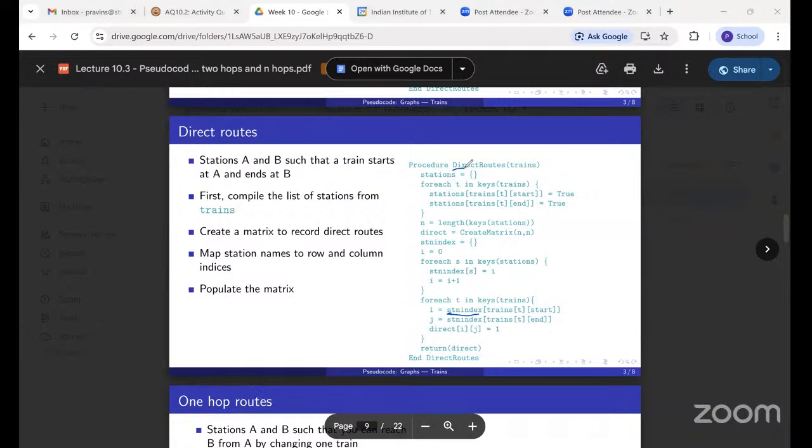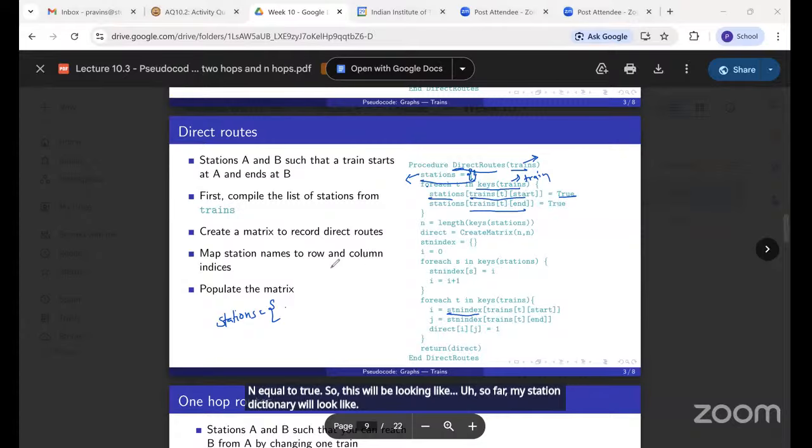The procedure direct route trains accepts the trains dictionary as written above. Inside the procedure we create another empty dictionary and iterate through all the keys, which are nothing but train numbers. For all trains, I'm setting stations of start equal to true and end equal to true.